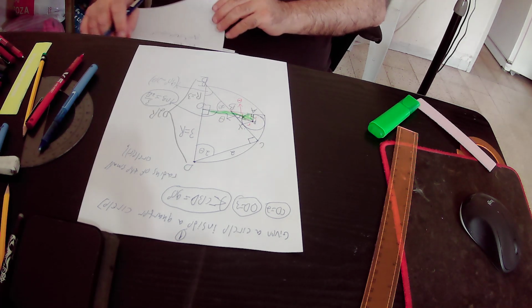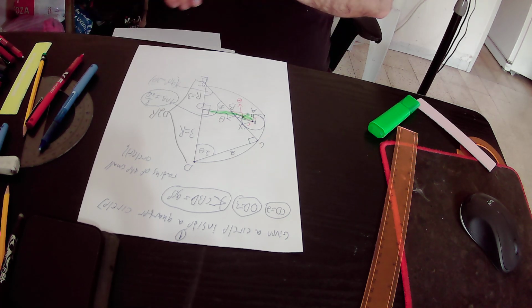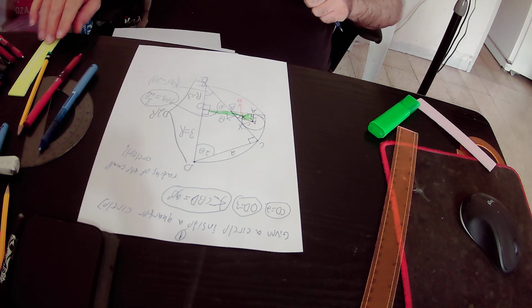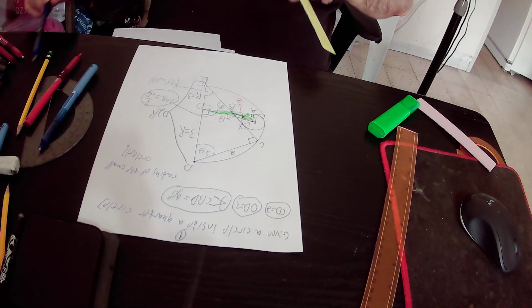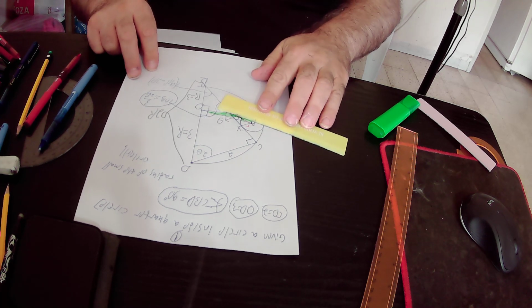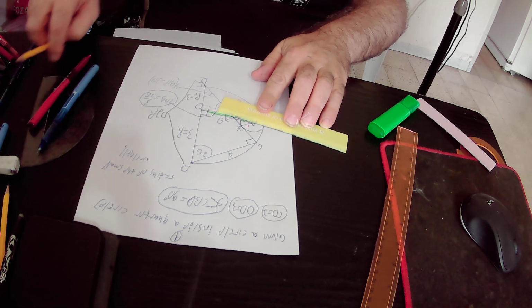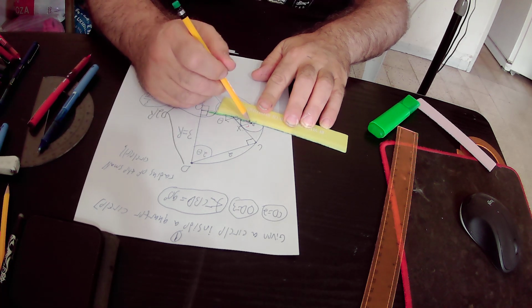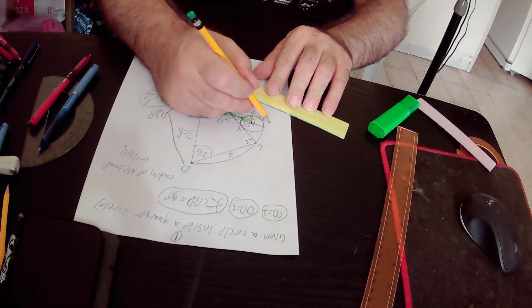In the next step, we will extend OP. We will extend the hypotenuse OP until it touches the two circles at point M. The touching point between the hypotenuse OP and the two circles will be defined as point M.